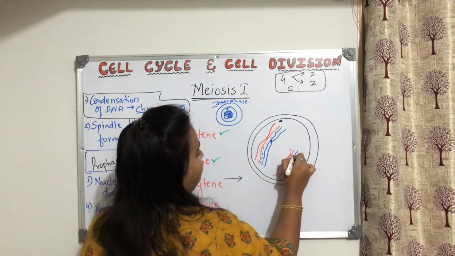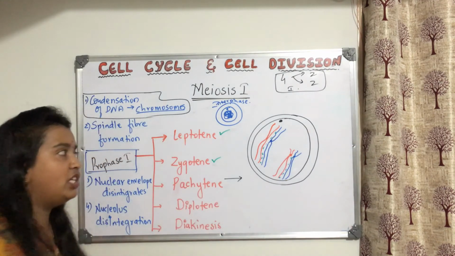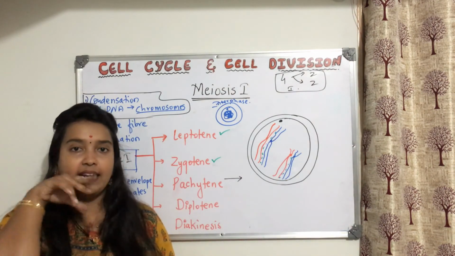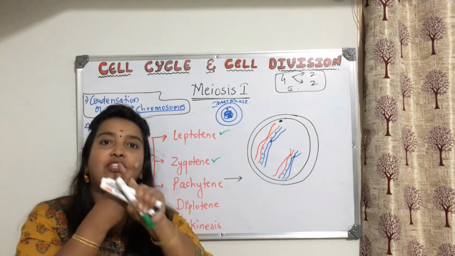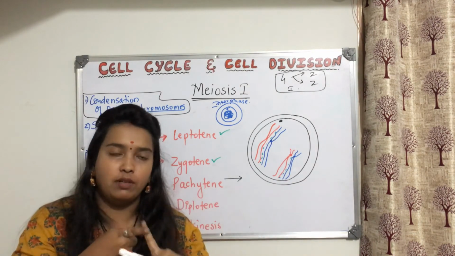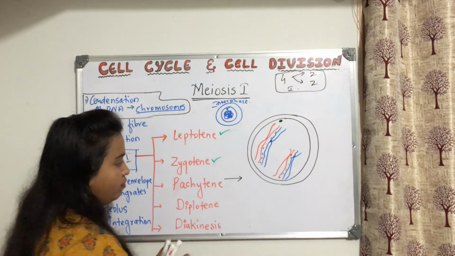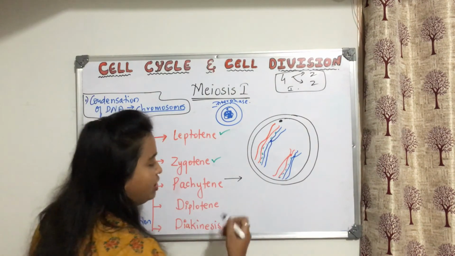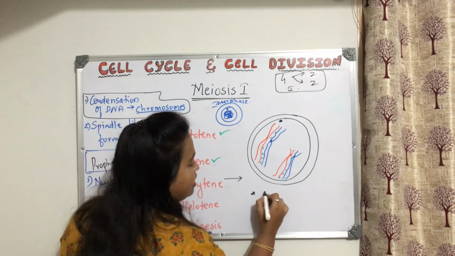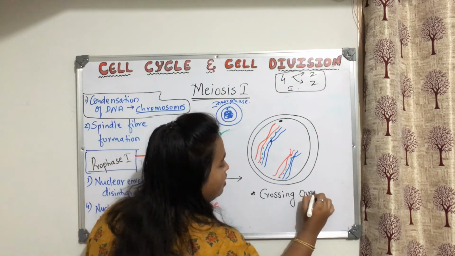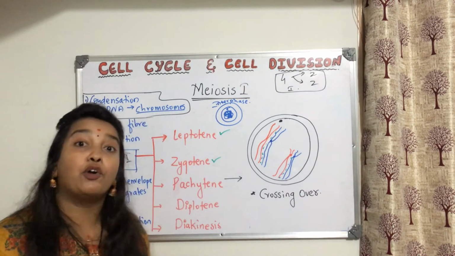Okay, fine. Now what happens in pachytene? Pachytene means patching. You remember it like that. What is getting patched? I told you already, we have discussed. A very important point in pachytene is that the first thing is crossing over.